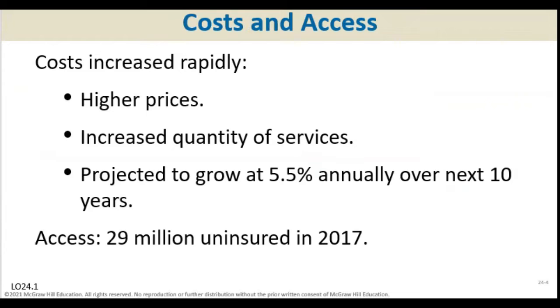Healthcare spending was about 18% of GDP in 2017, which accounts for nearly one-fifth of the US economy. Now you can see here that nearly 29 million were uninsured in 2017.